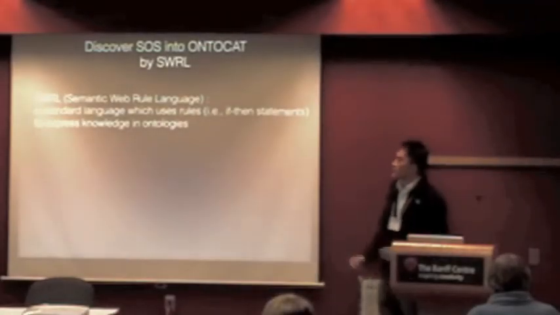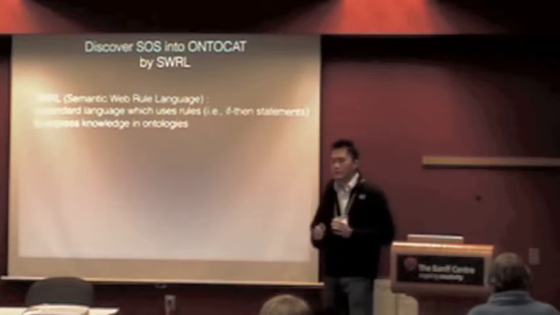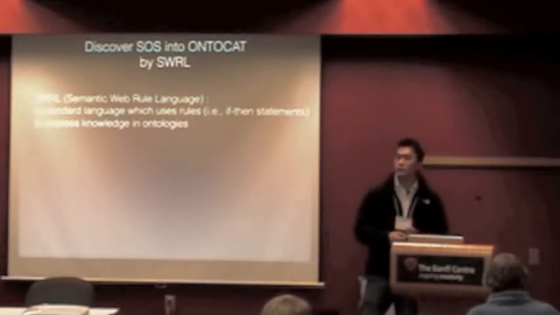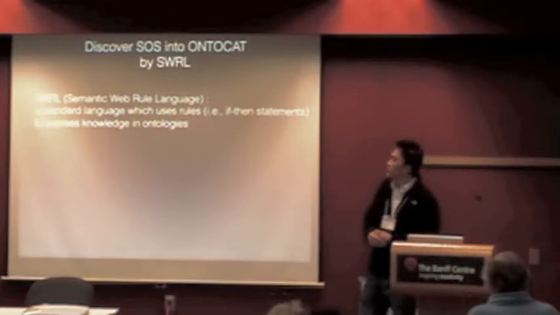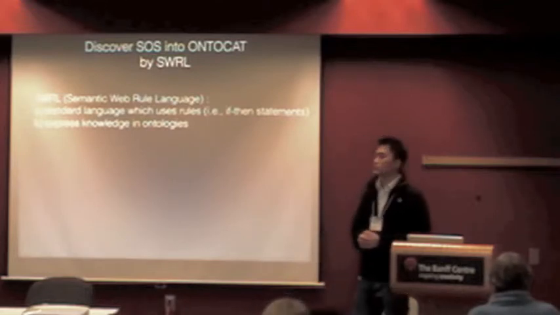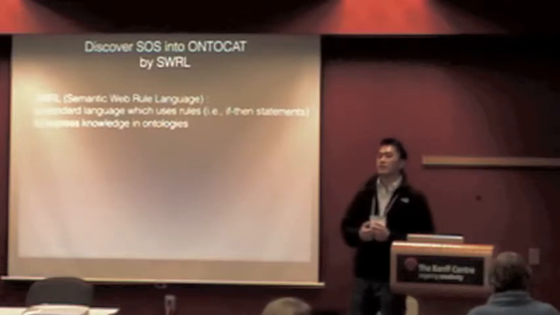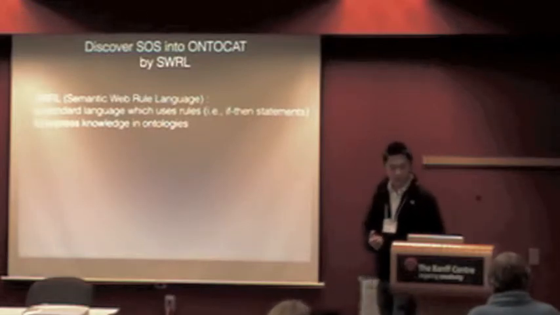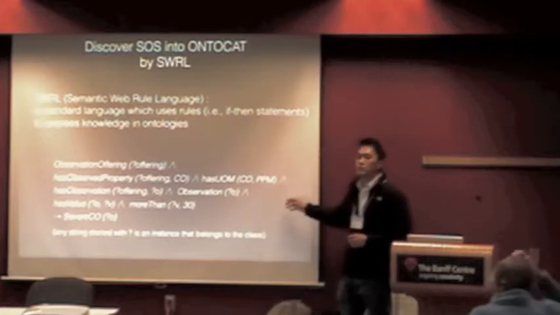Moreover, because everything is defined in the ontology, we can use some advanced semantic ways to query these SOS. So we use SWRL, Semantic Web Rule Language, which uses rules to discover the SOS web service. For example, we can define a new concept using a rule.